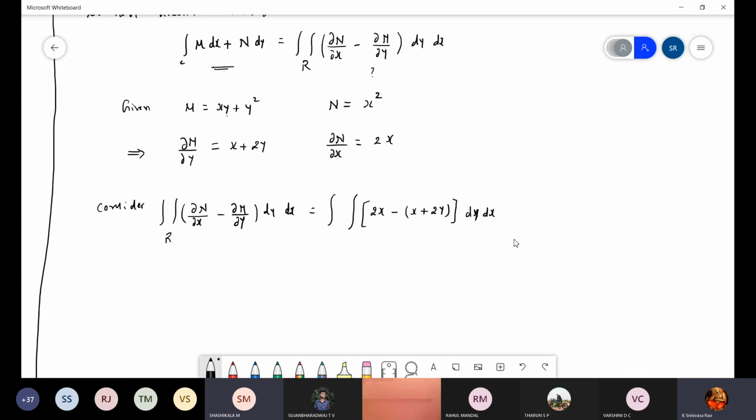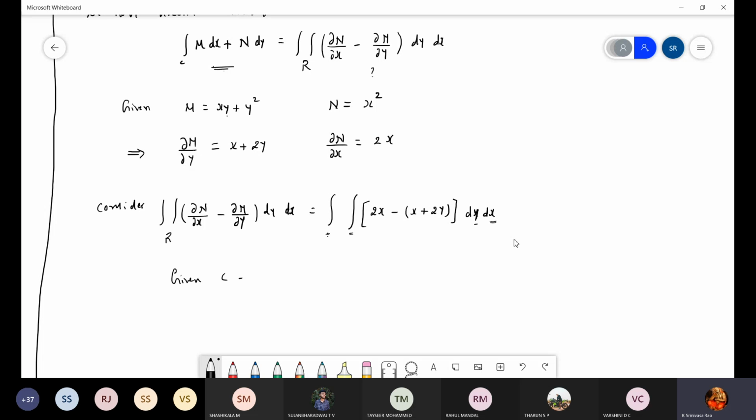Here always see, x is the outer variable, it is for the first integral. The inner variable is y, it is for the inner or second integral. So what I have to substitute for x and for y is given by the curve.